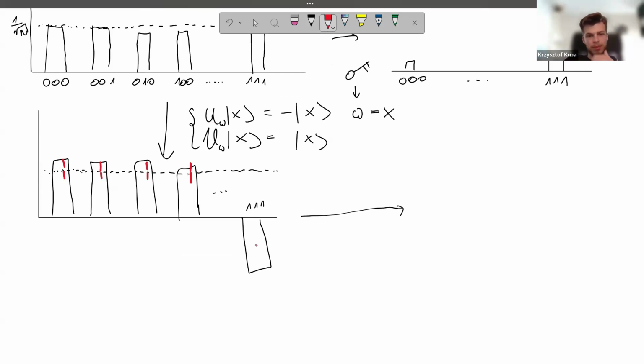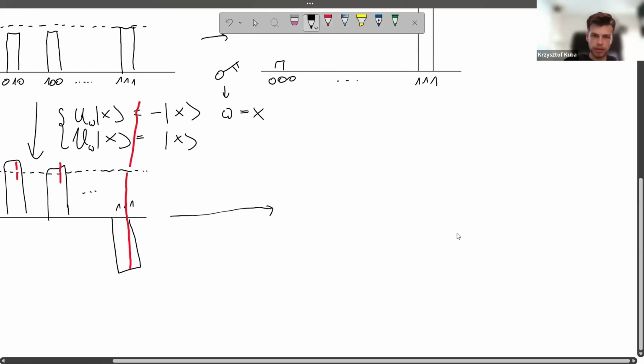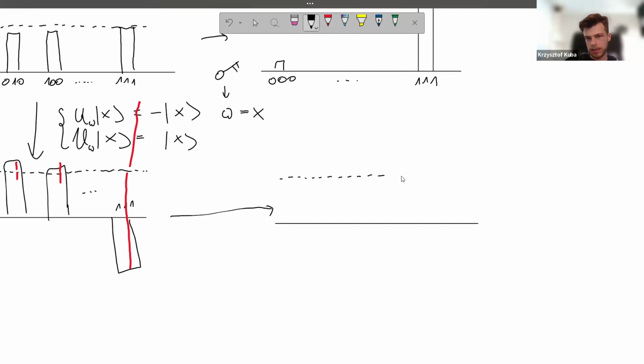And likewise, this should be at the same distance from the mean, but above. So after the transformation, we will have a histogram looking like this, with the, let's say, previous mean.